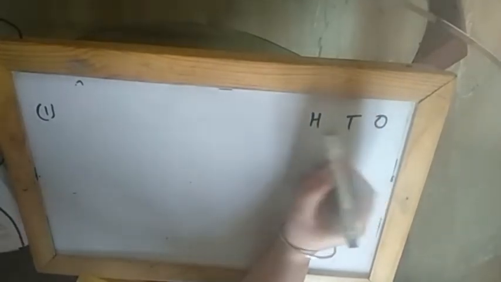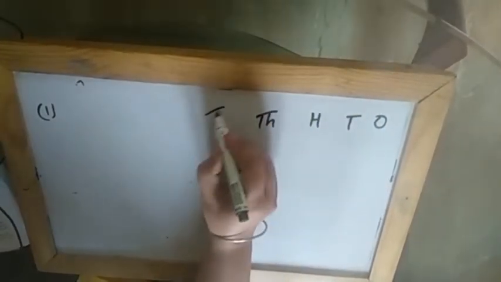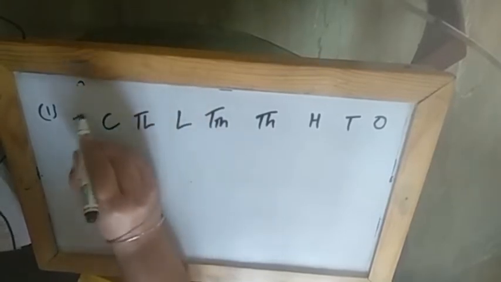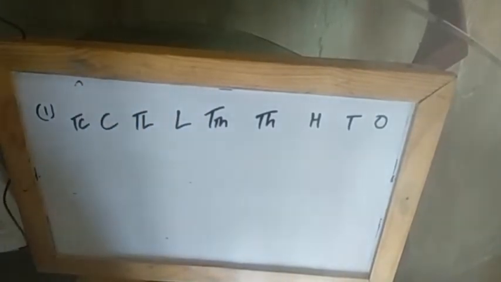So I'll start with the first question. See, whenever you get a question like this, it's always better to write the place values first, so that you don't make any mistakes. 0, 1s, 10, 100, 1000, 10,000, lakh, 10 lakh, crores, 10 crores. Now look at the first part.